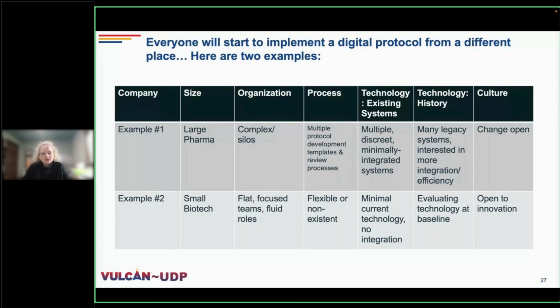We have lots of technology and existing systems that have to work together. So the culture tends to be like we're looking for efficiency, but there's a lot to overcome to really do something that's this transformational.